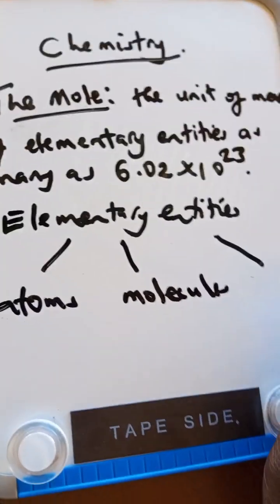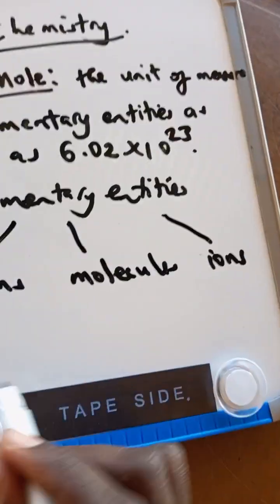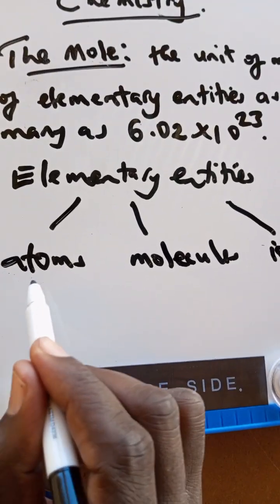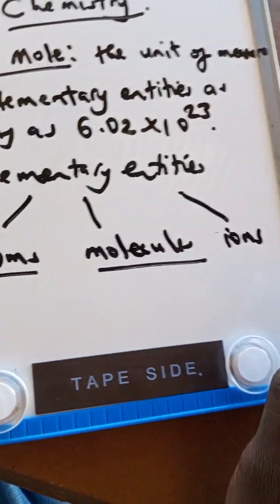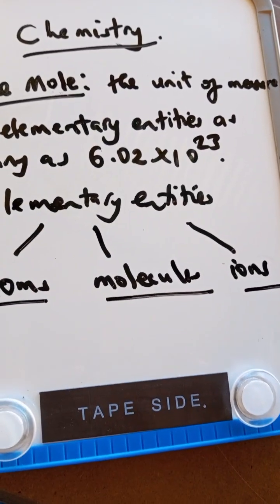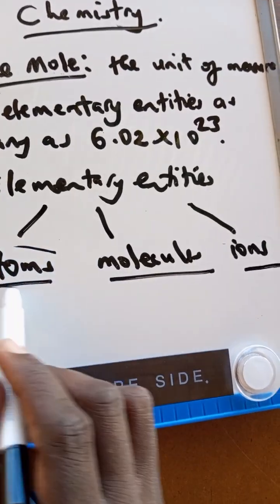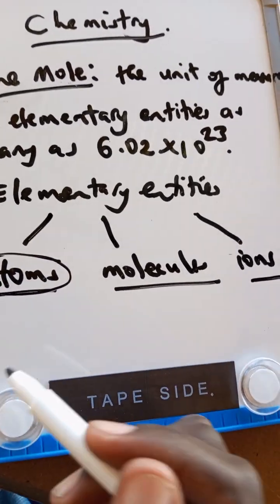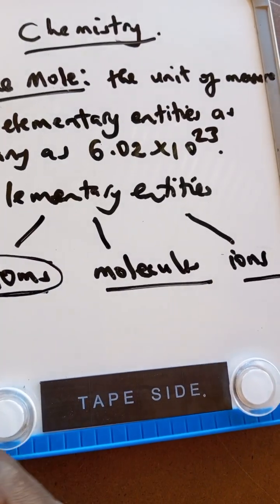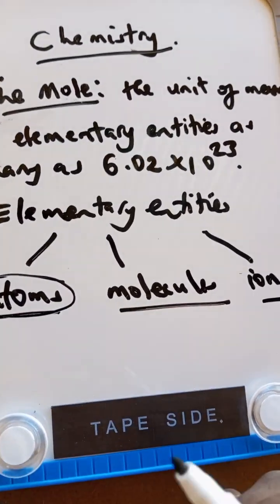And three, we may also mean ions. So any of these three may be referred to as elementary entities, in the sense that how many atoms are contained in a substance may be referred to as elementary entities.